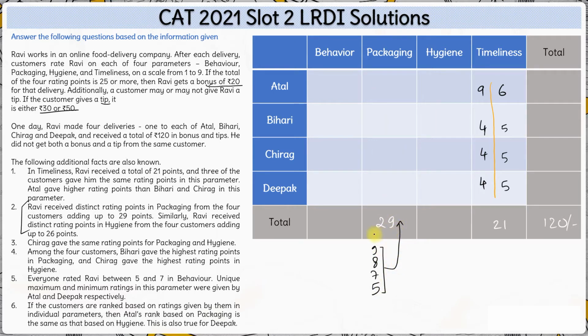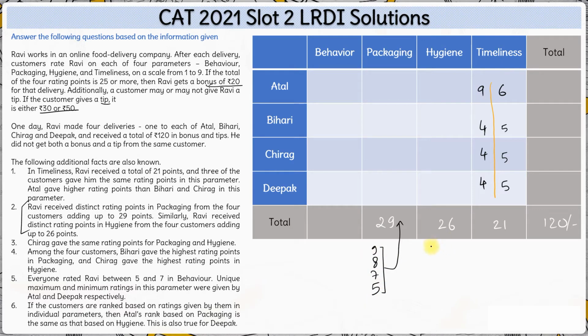Okay, fine. Similarly, Ravi received distinct rating points in hygiene from the 4 customers, adding up to 26 points. So for hygiene also the sum is 26, the sum of 4 distinct ratings. So we calculated the sum of the 4 highest possible rating points is 30.